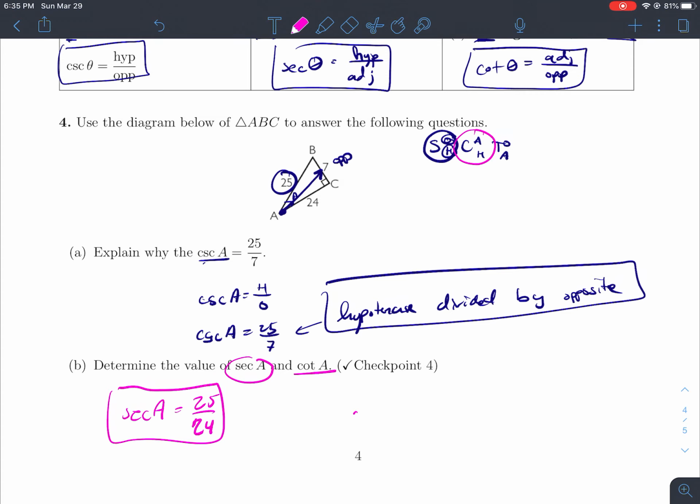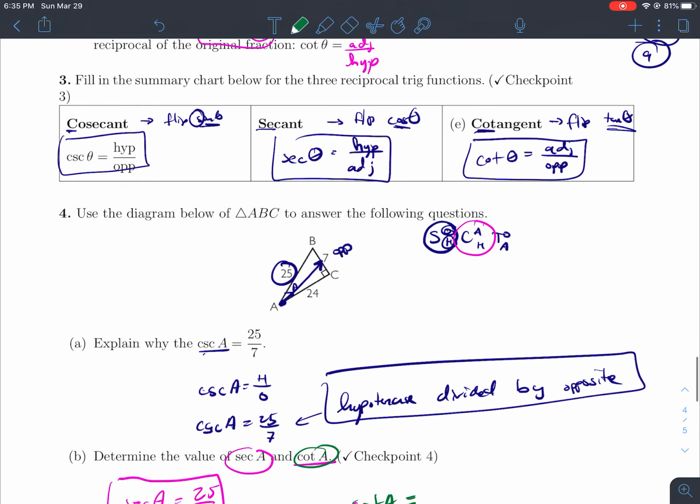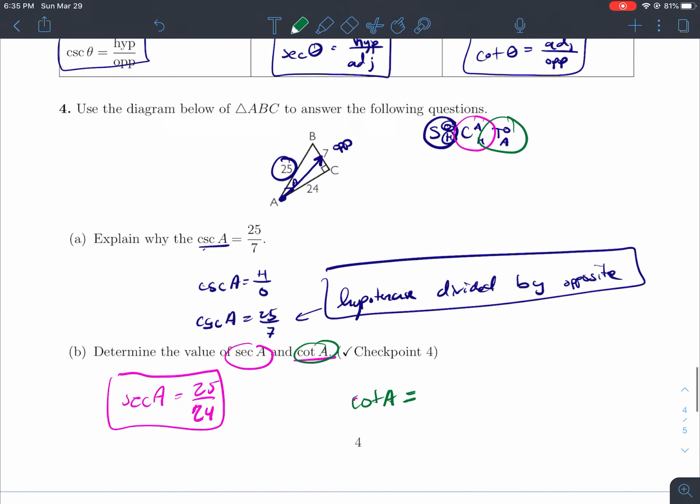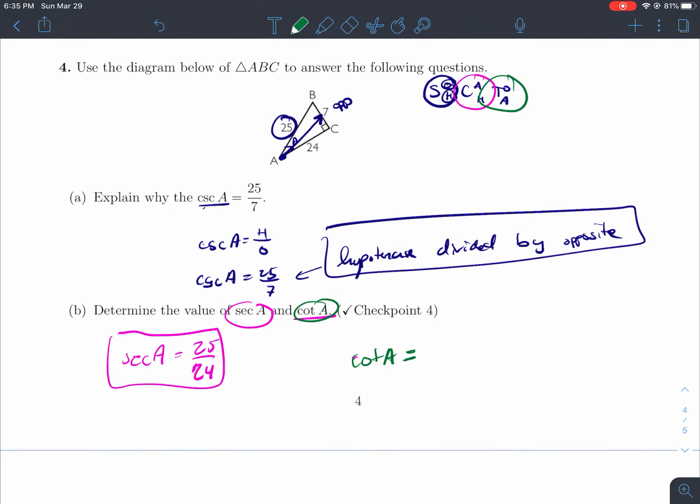And we know that cotangent is going to be the flip of tangent. So if tangent was opposite over adjacent, then that would flip to adjacent over opposite, which gives us 24 over 7.